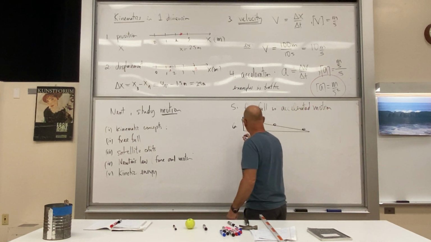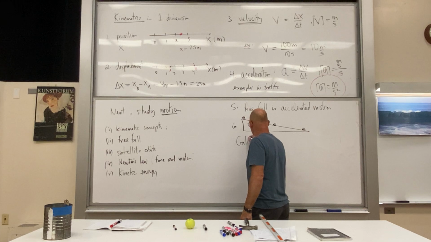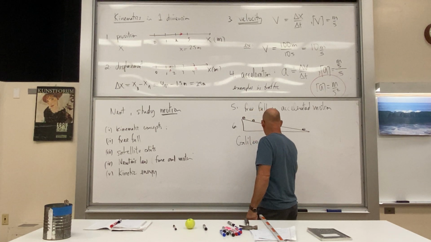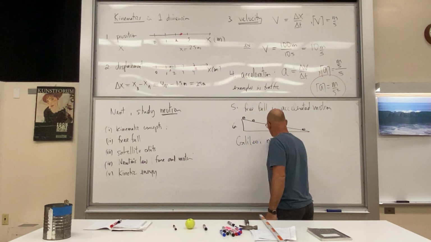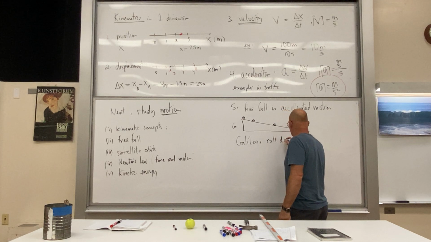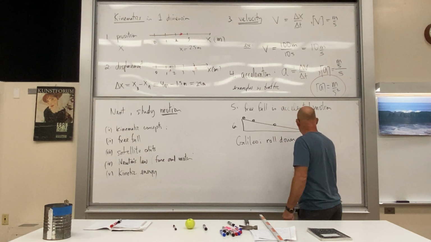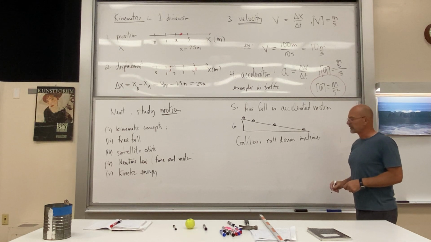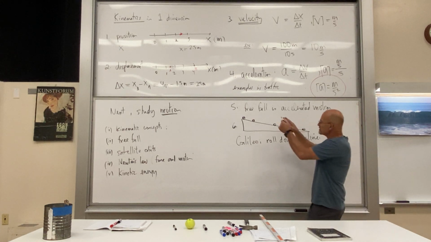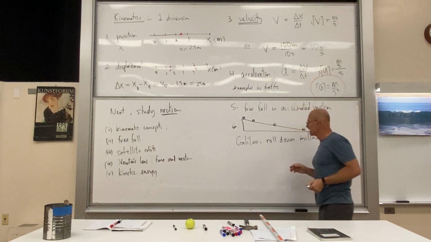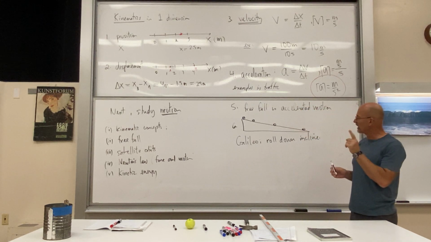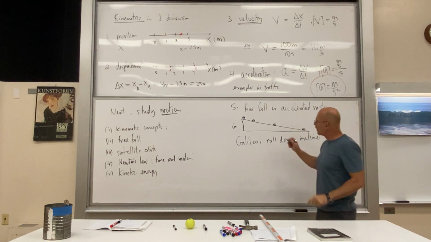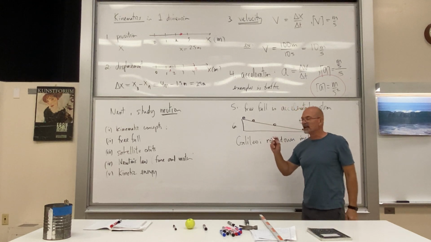So the first thing is, I'll just write Galileo let objects roll down the inclined plane. Down the incline. But there's no clock involved, so you can measure these distances, but he didn't have a clock for them. So what he did was, to incorporate a clock, he did something very clever.